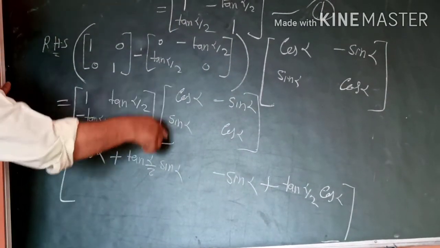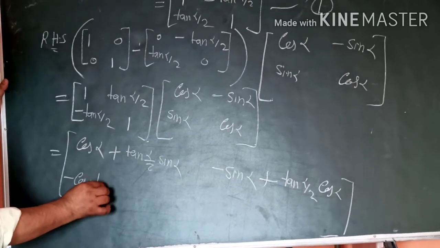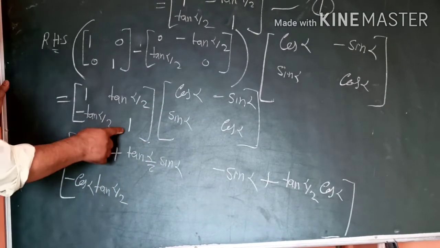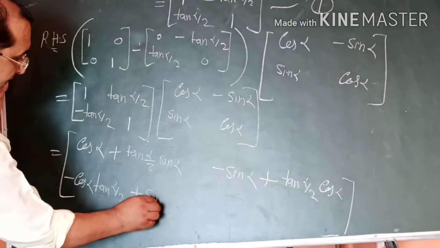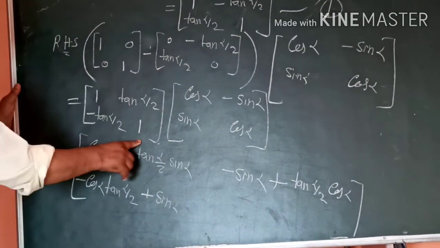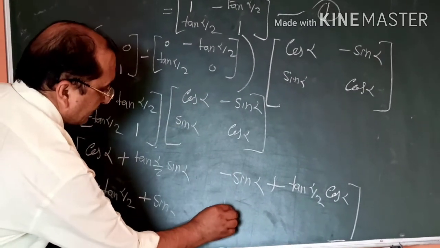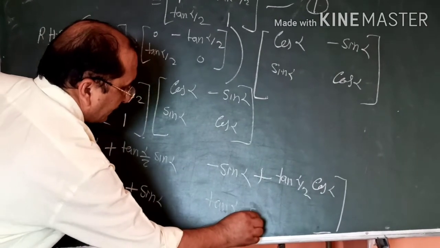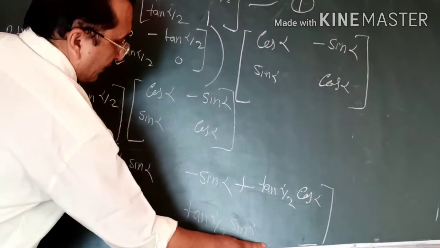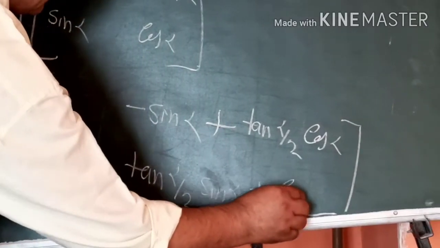Then second row, first column: minus tan(alpha/2) times cos alpha, plus 1 times sin alpha. Then second row, second column: tan(alpha/2) times sin alpha, plus 1 times cos alpha.